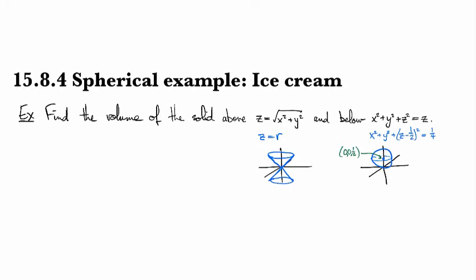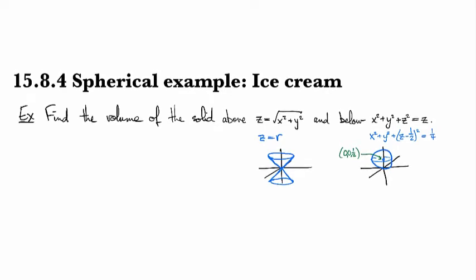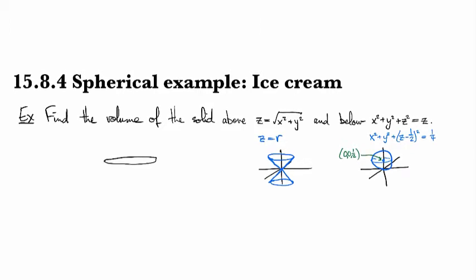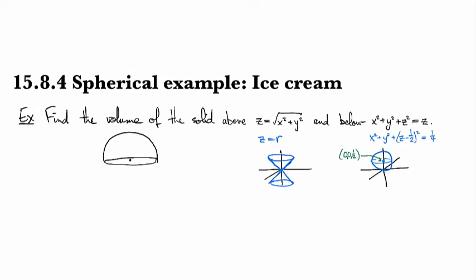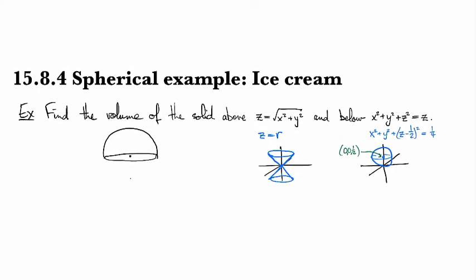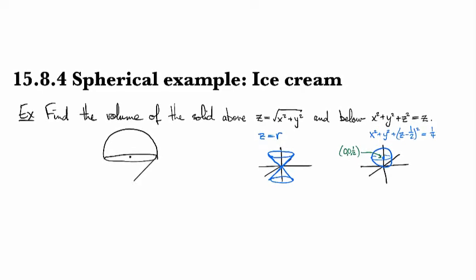Okay, so now it says find the volume above the cone and below the sphere. So the region that we're looking at setting up is going to be, let's see, the top half, and then maybe that.